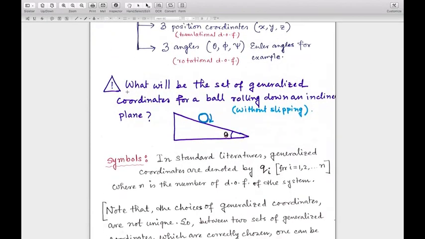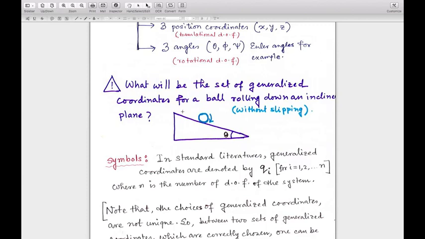Now, let me ask you one question. What will be the set of generalized coordinates for a ball rolling down an inclined plane? The ball is not spinning in other ways. You can confuse between a ball or a cylinder, but here it is the same. I can also talk about a cylinder.